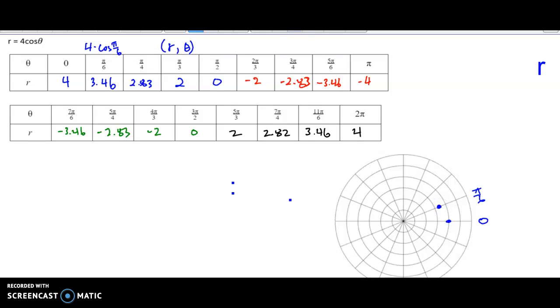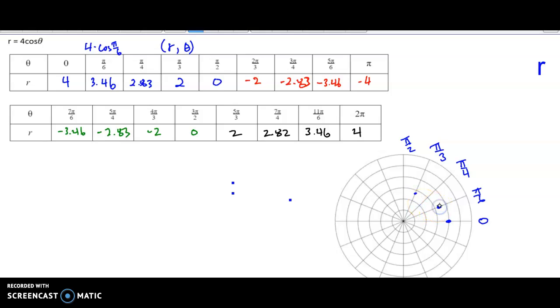Then you do the same for these other ones. We know this is pi over 4, this is going to be pi over 3, and this is going to be pi over 2. You plot these points. At pi over 4, it's 2.83, so 1, 2, just under 3 rings. There's going to be some human error here.